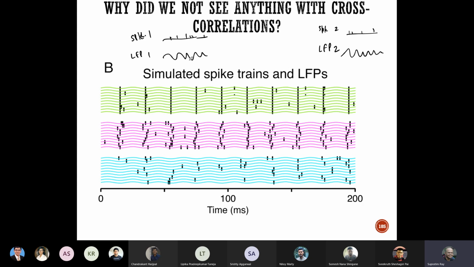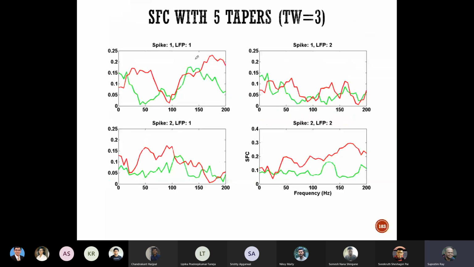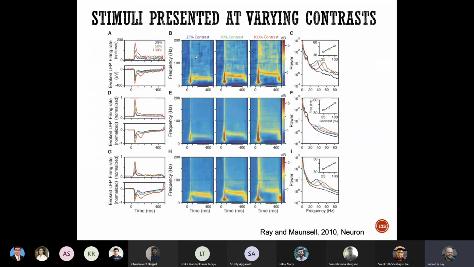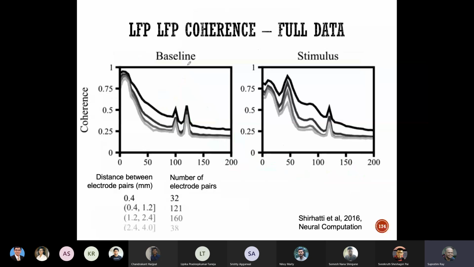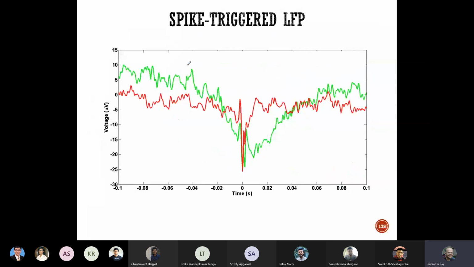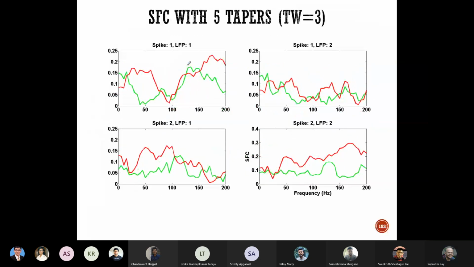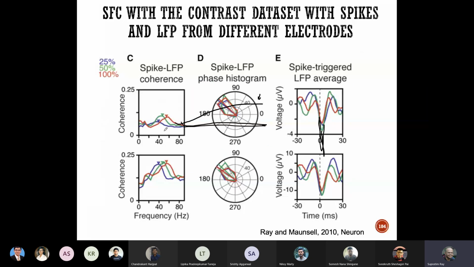I have already shown that in the LFP there is a strong gamma rhythm, and the gamma rhythms are linked in the sense that they are occurring at a particular phase of each other. We saw that here. Now, this data shows that spikes are occurring at a particular phase of their respective LFPs.